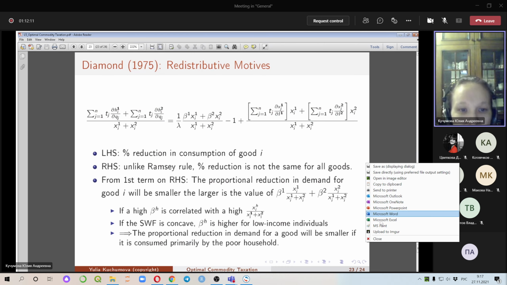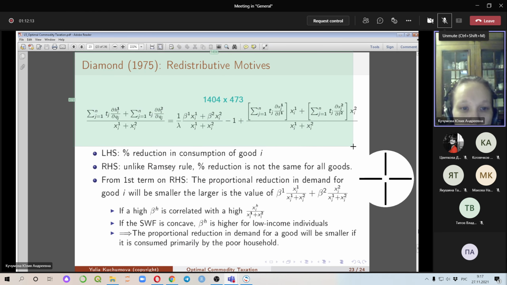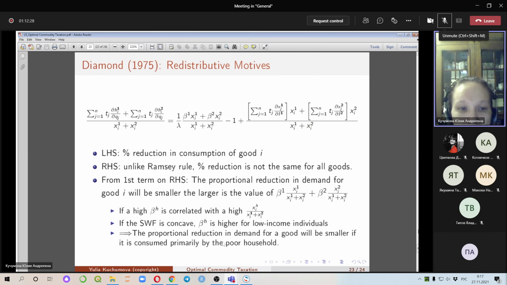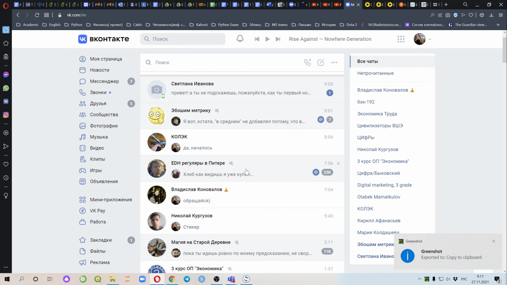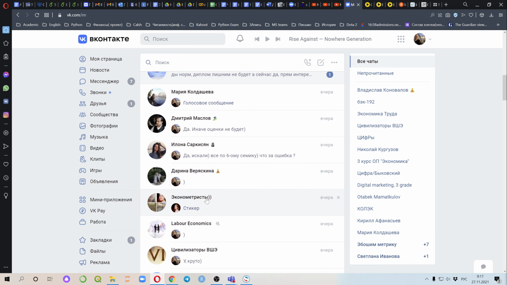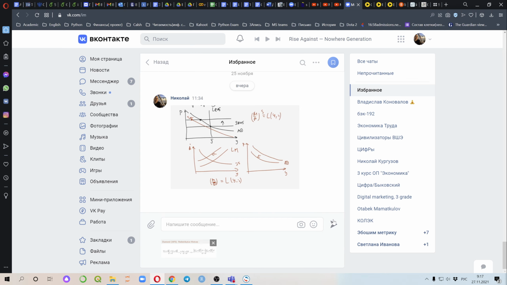So the left-hand side is basically the percentage reduction in the consumption of good I. So it's kind of the same thing as in the Ramsey formula, but the right-hand side, unlike the Ramsey rule, is not independent of I, right? Meaning that the percentage reduction is not the same for all goods.